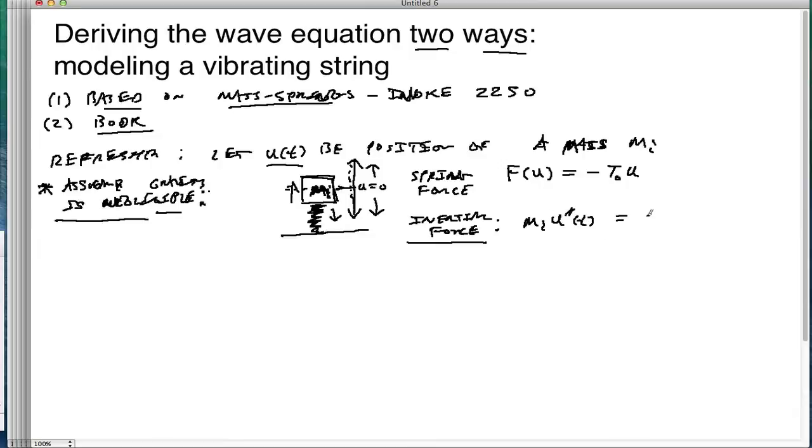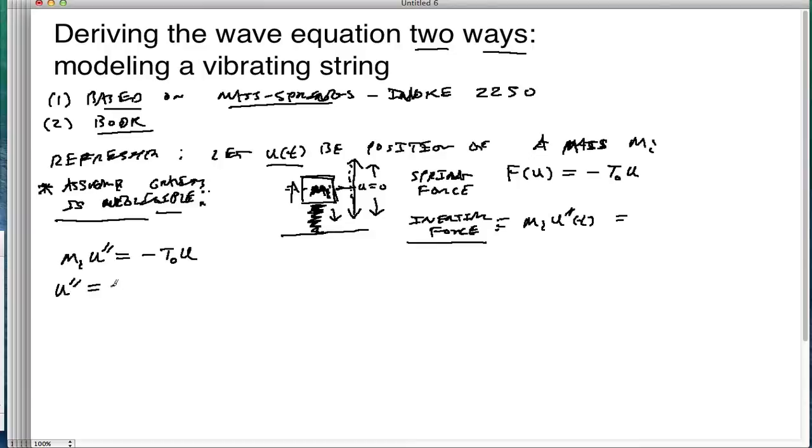We know that all forces have to balance, so the net force is zero: m_i times u double prime is equal to negative t0 times u. All right, so we can write down the solutions to this equation.